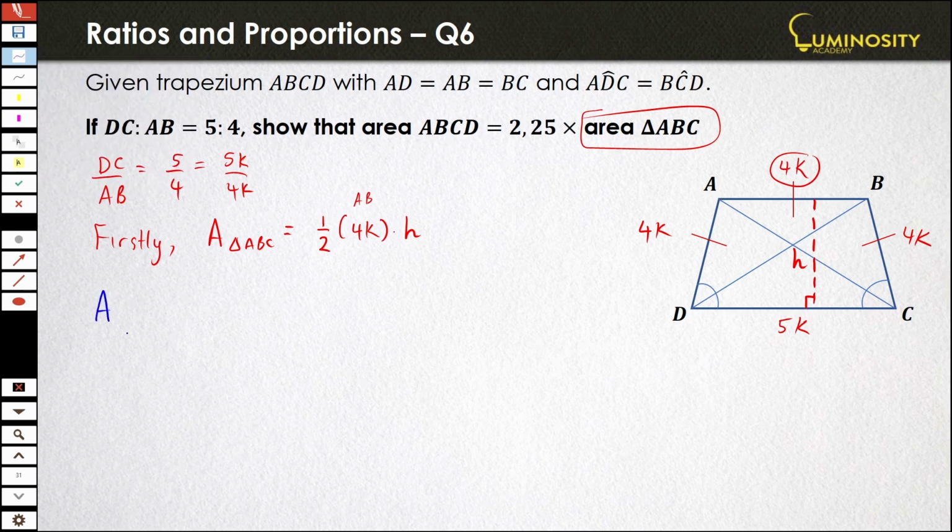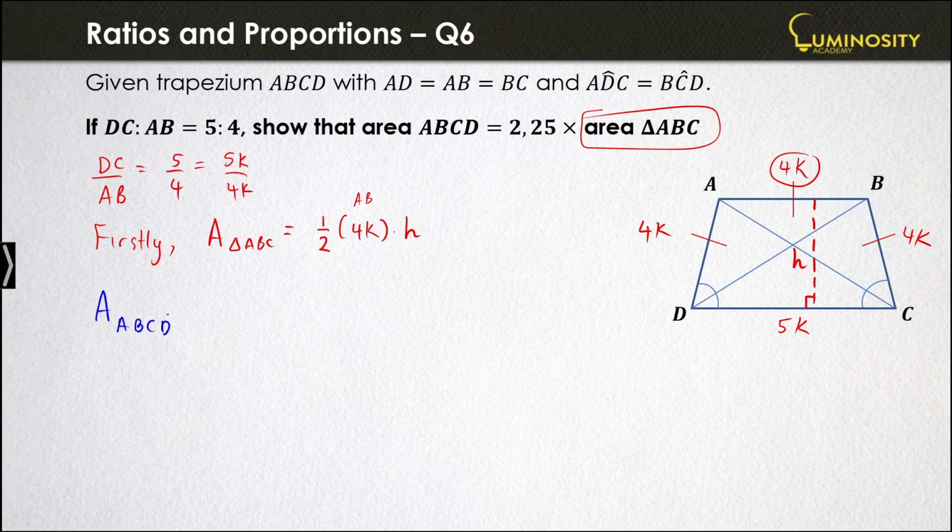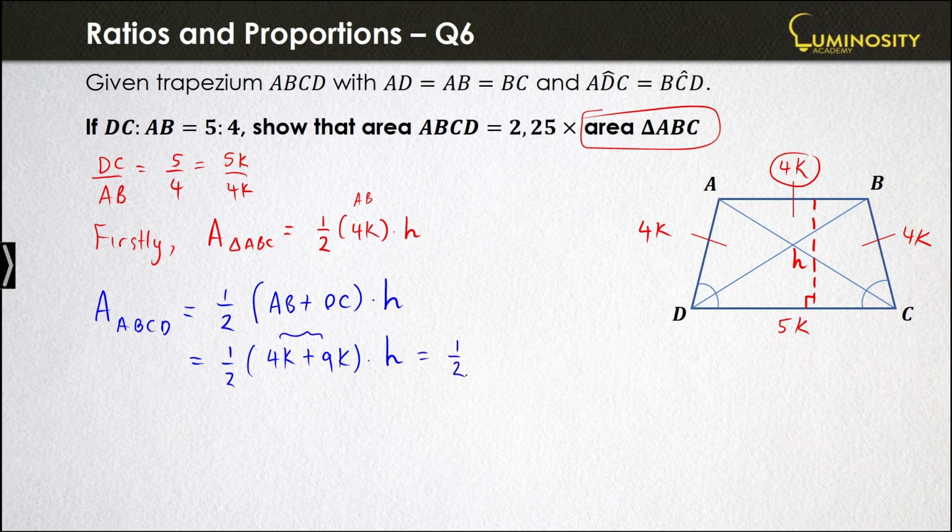So the area of the trapezium ABCD, we know that from the formula for area of a trapezium, it's half times the sum of the two bases, AB and DC, times that same perpendicular height H. Okay, but we know that AB is 4K and DC is 9K, times the perpendicular height H. All right, so I can simplify that. 4k plus 9k, that's 13k times h.